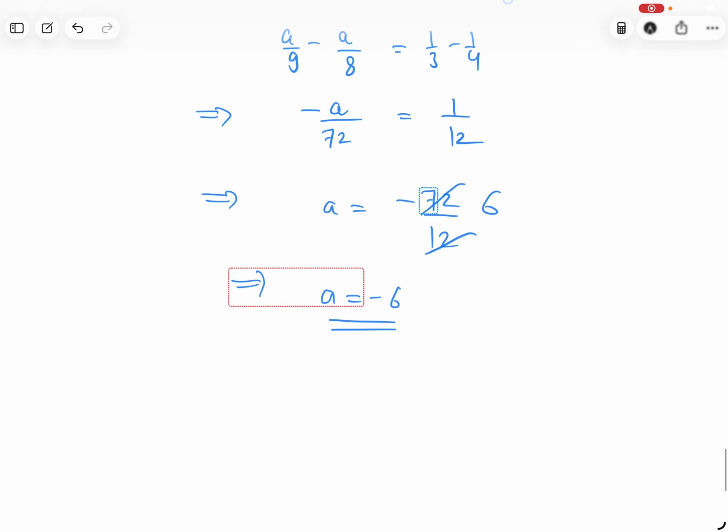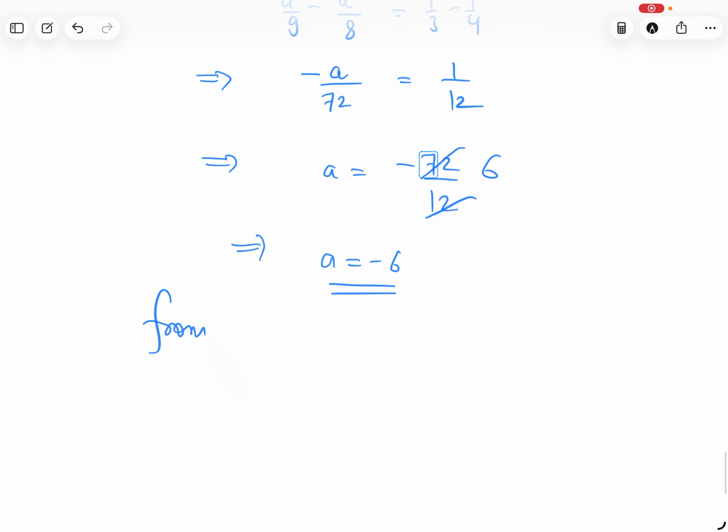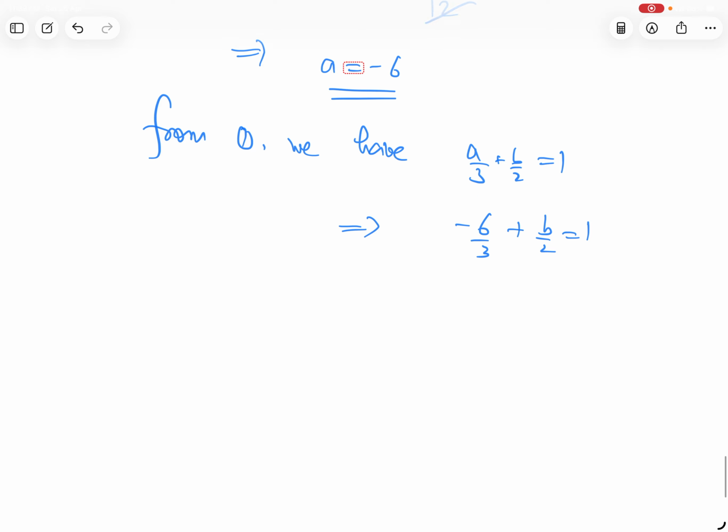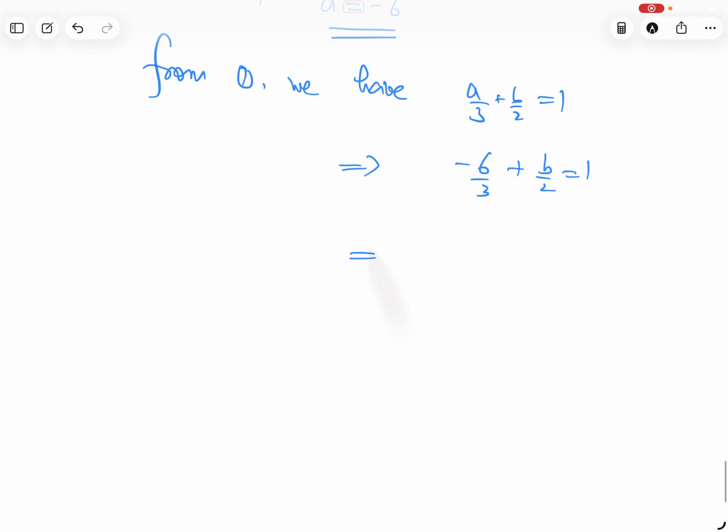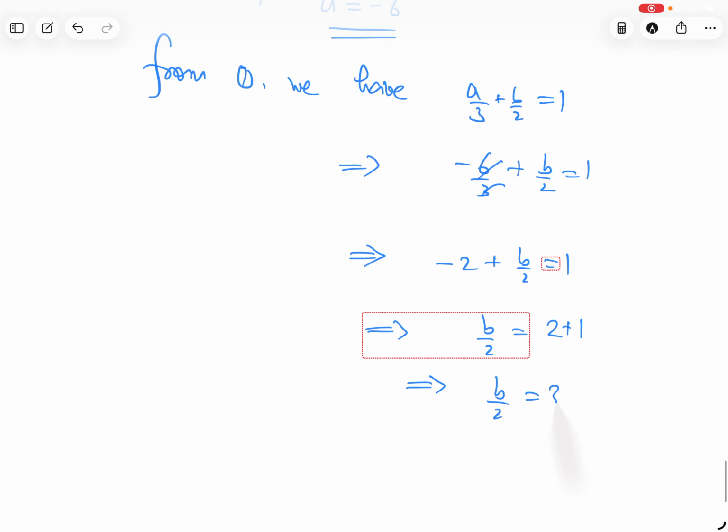From equation 1, we have a/3 + b/2 = 1. So it will be minus 6/3 + b/2 = 1, so minus 2 + b/2 = 1. Then b/2 = 2 + 1, so b/2 = 3 and b is equal to 6.